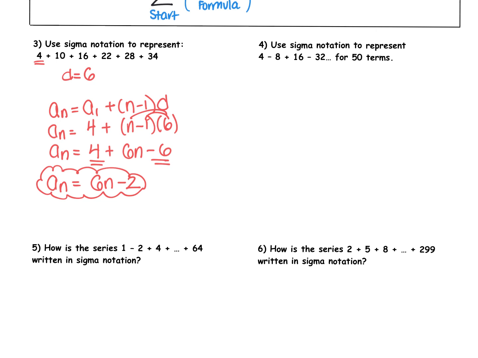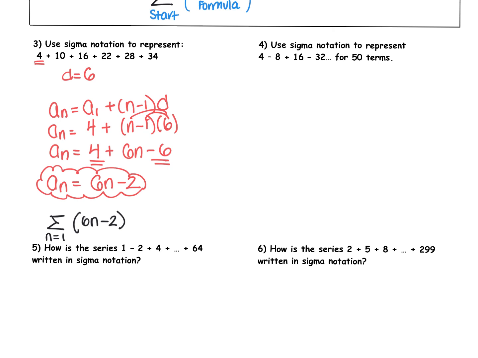So to finish this off, all we have to do now is put it together. Here is my sigma, and my sequence formula is 6n minus 2, and my start value will always be 1. So since I used n, we have to use n here. So n will be 1, and we just need to count the terms. 1, 2, 3, 4, 5, 6.